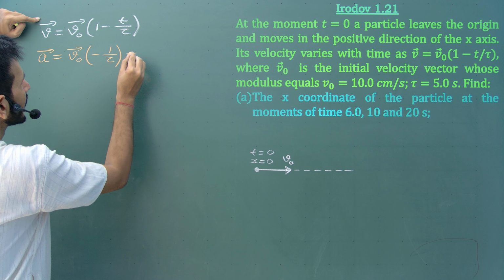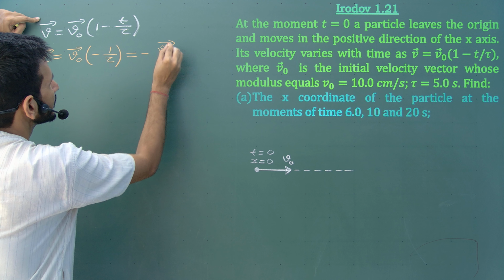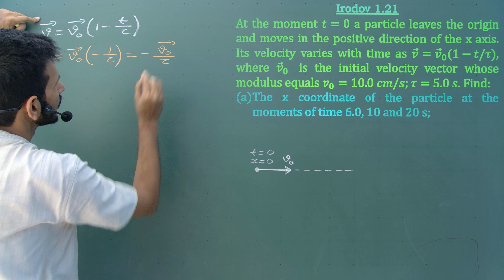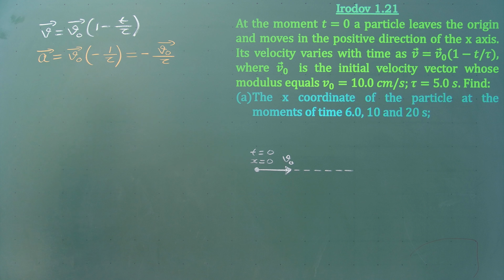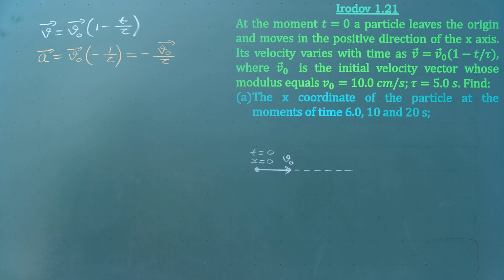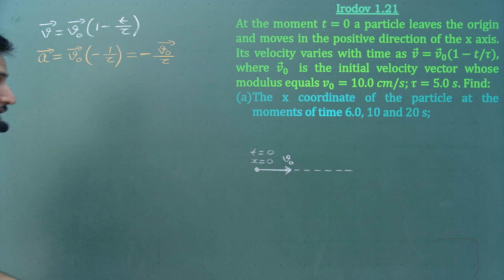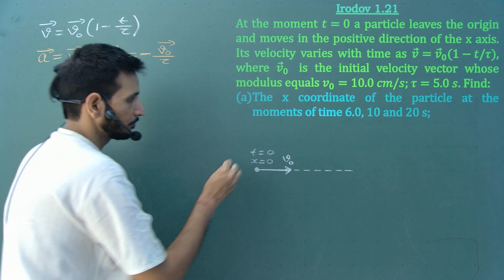So the acceleration is minus v naught vector divided by tau. This is also constant. It means that acceleration is constant and in the opposite direction of initial velocity. So the particle's acceleration is in this direction.